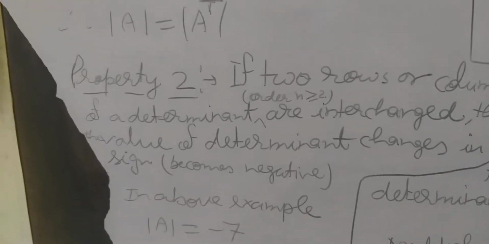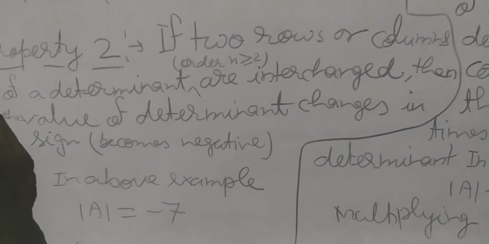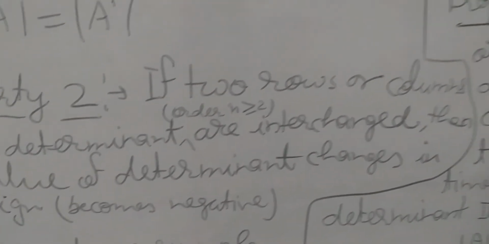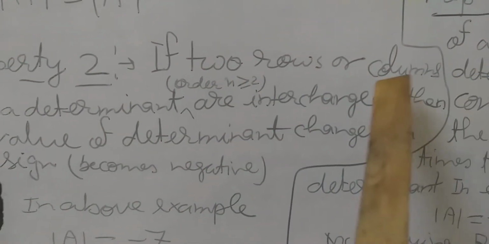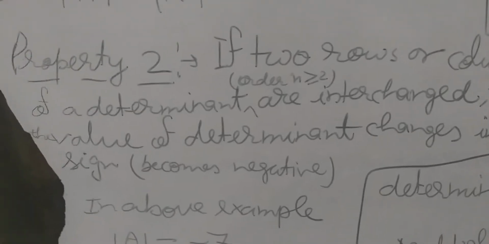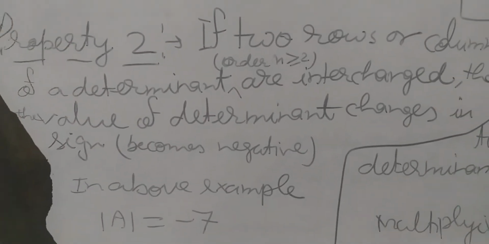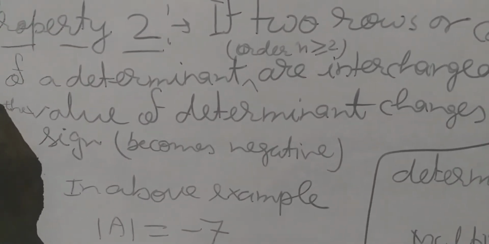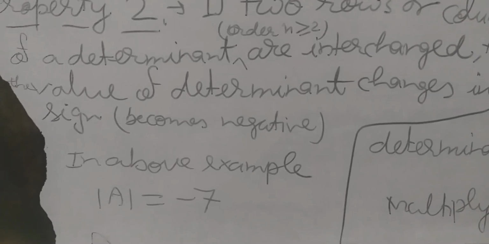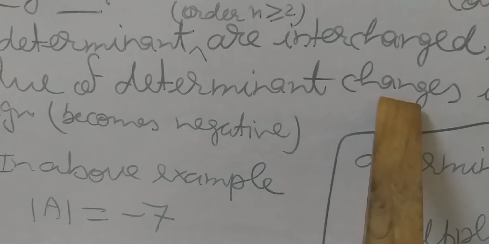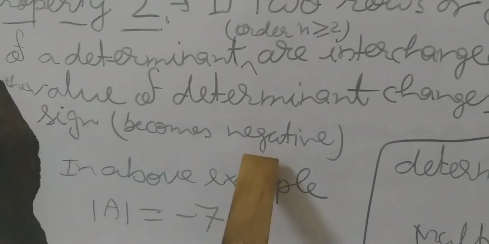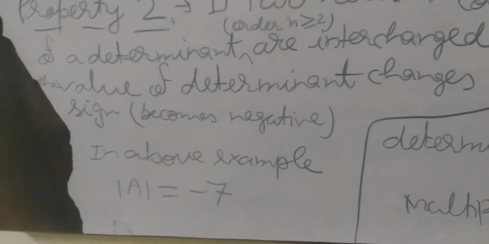If the determinant is positive, then it will become negative, student. If we interchange two rows or two columns, rows with rows and columns with columns, then the value of the determinant becomes negative, meaning the sign changes.